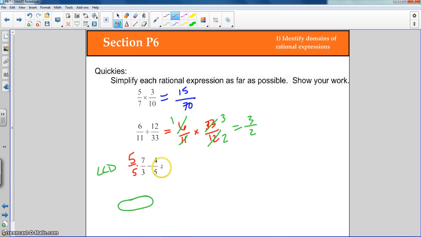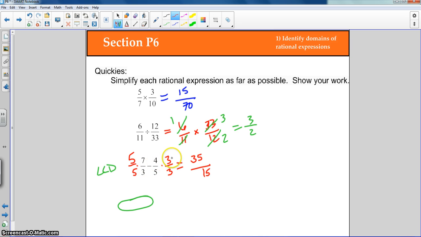To the second one, sorry, this needs a 3 in the denominator, so I'm going to multiply by 3 up top. Now, this here is a form of 1, so what you want to do is always multiply by a form of 1 to maintain equality. Okay, so if I rewrite this, I do 5 times 7, that's 35 over 15.